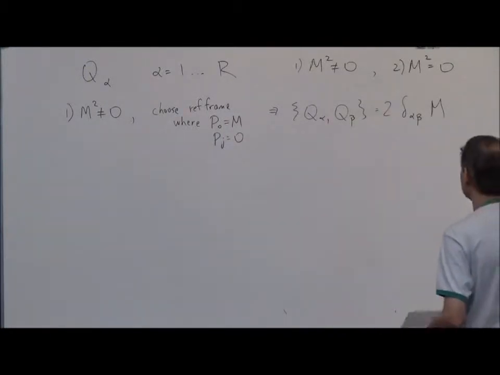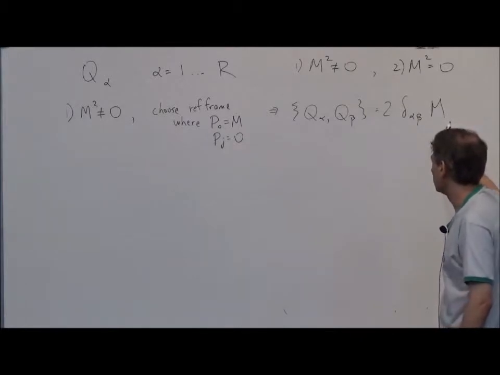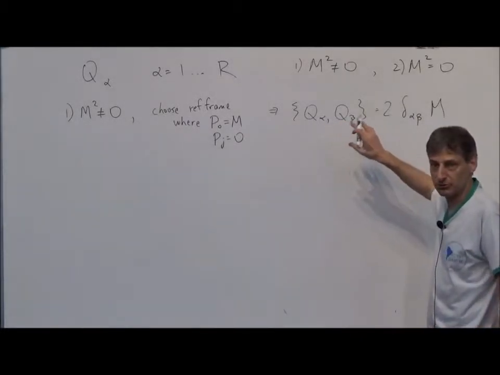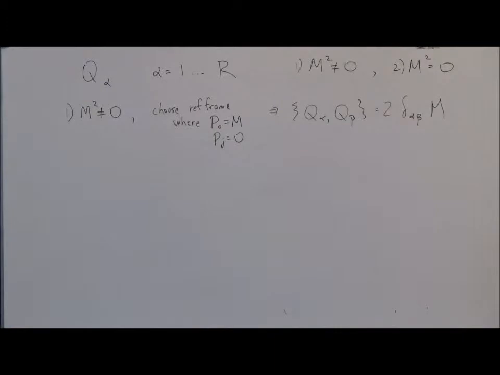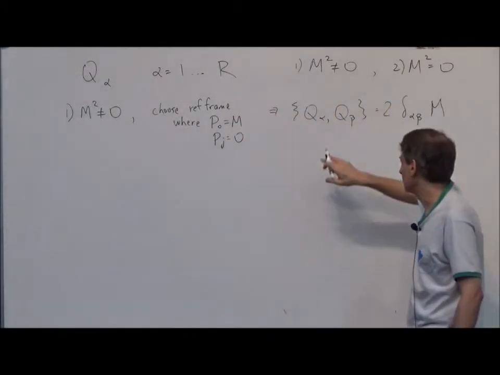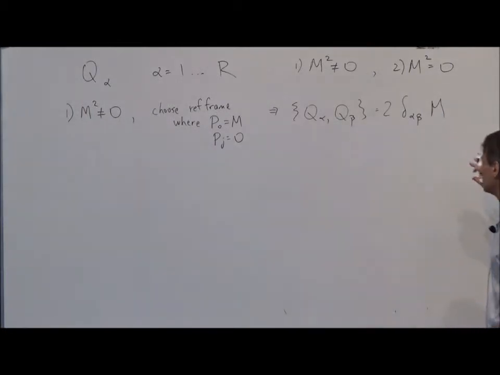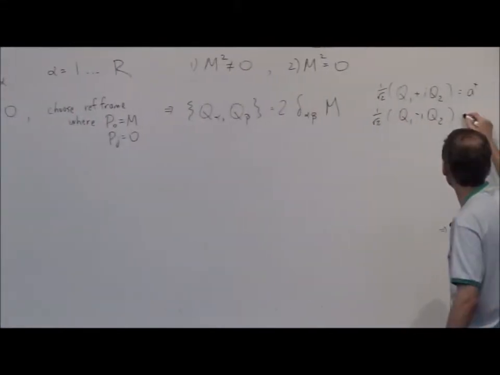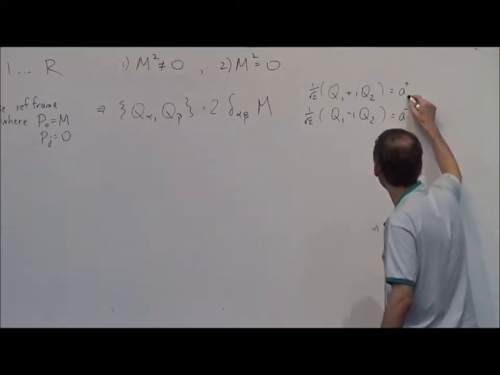So the way we find the states in this is we split these Q's into things we call B minus and B plus. So R is always even, so this is always an even number, so you can split it just into pairs. So let's call them (Q1 plus iQ2) and (Q1 minus iQ2), times 1 over square root of 2. So we could call this A plus, and this A minus 1.